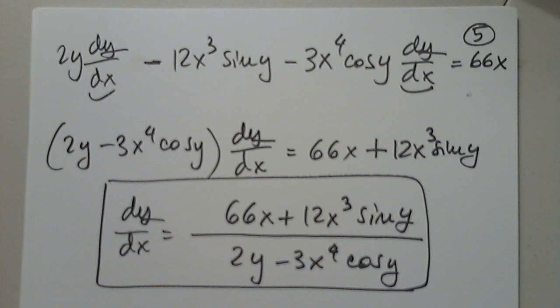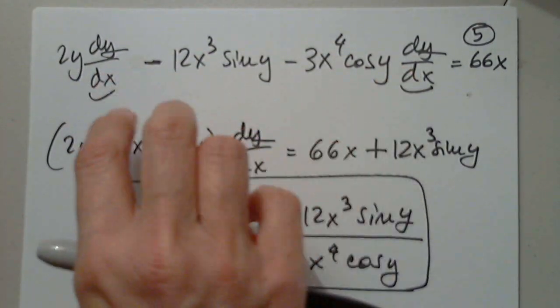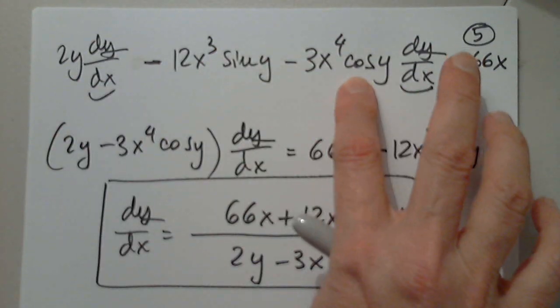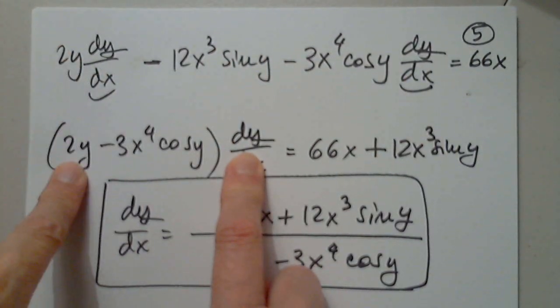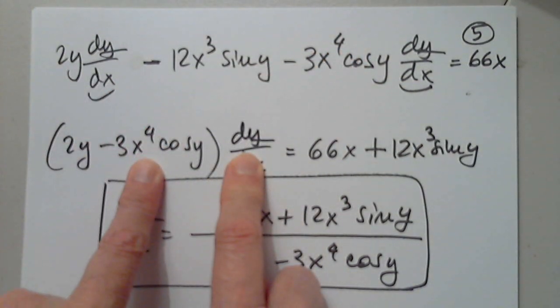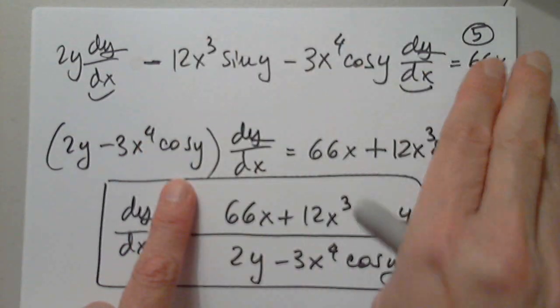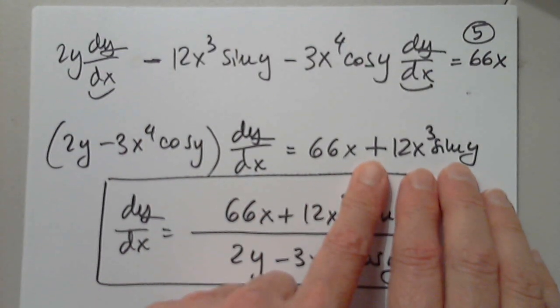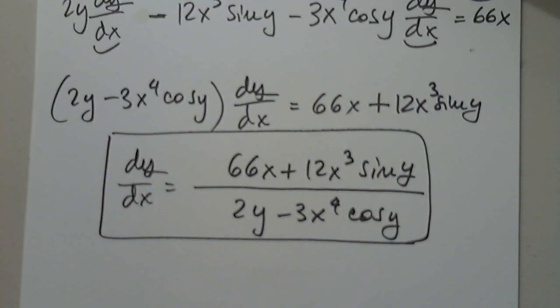Then I factor out dy over dx because these terms are not like terms. So then I have 2y and then this with -3x to the fourth cosine. And this term goes to the other side and it becomes positive. At this point, this is this over this.